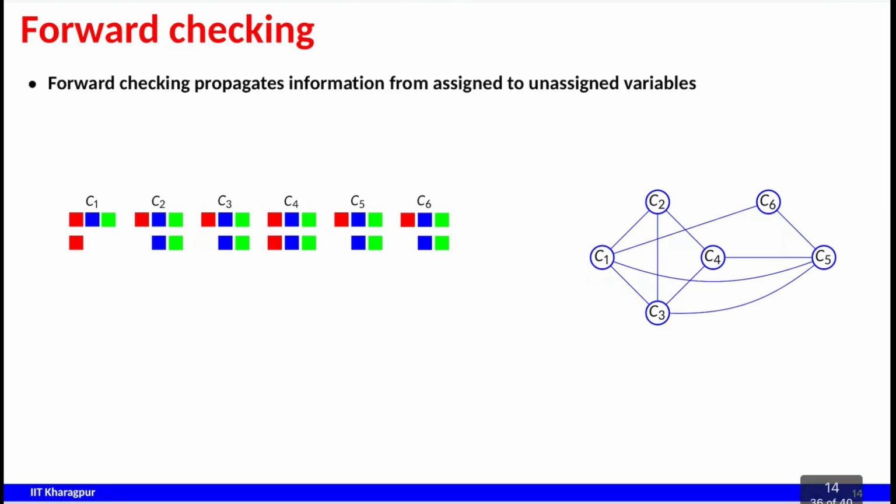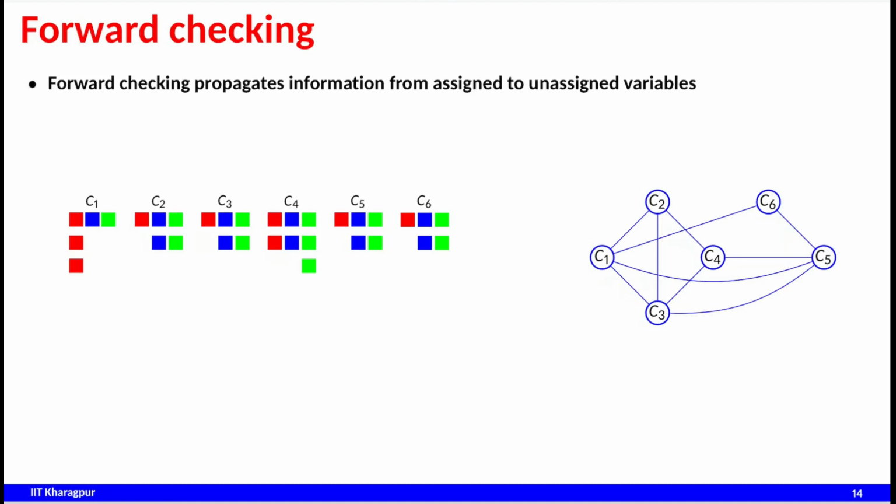Now if we assign red here, then from C2, C3, C5, C6 I have to remove red because I cannot assign it any further. Now let us choose C4 and let's say we assign the value green for C4.